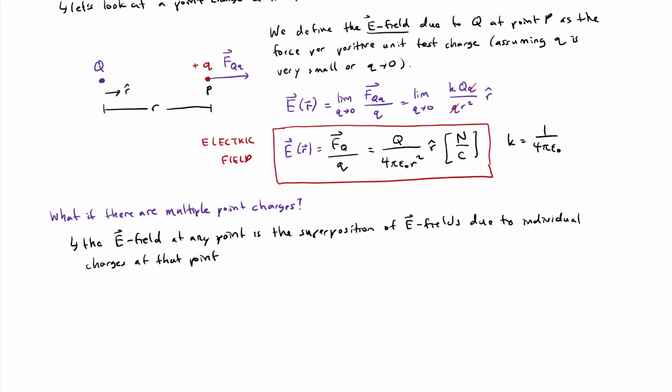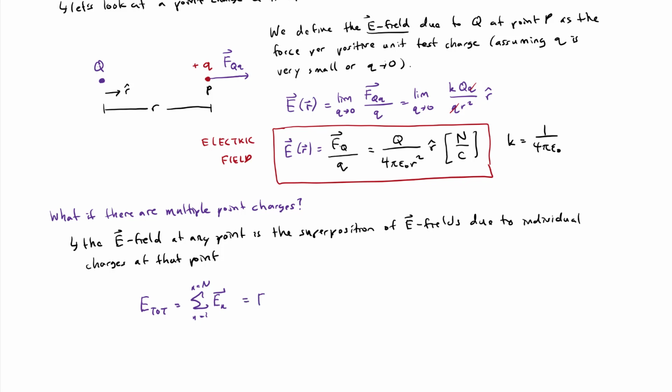Which means I can rewrite my equation for the electric field by having the total electric field, so E total, is equal to the summation from n equals 1 to n equals N, for the total number of charges that we have, of E n.